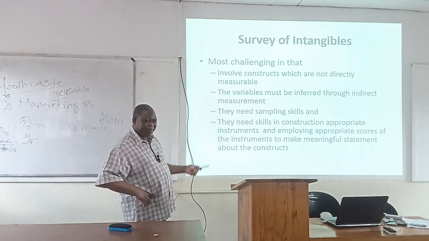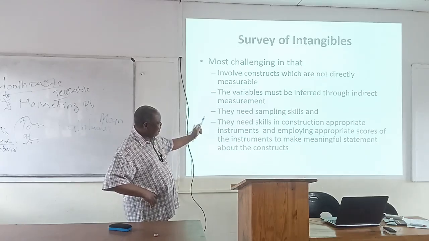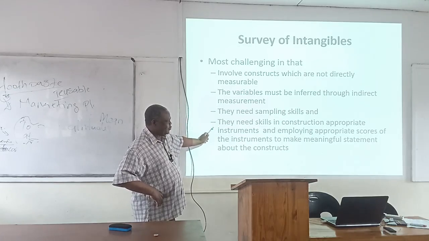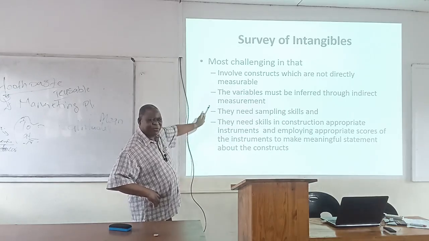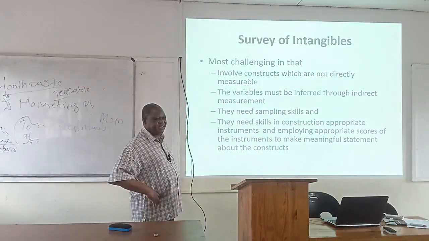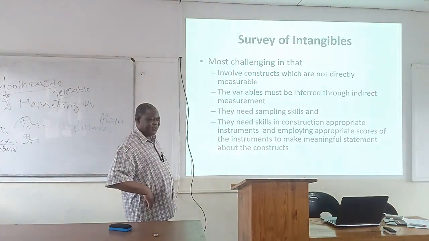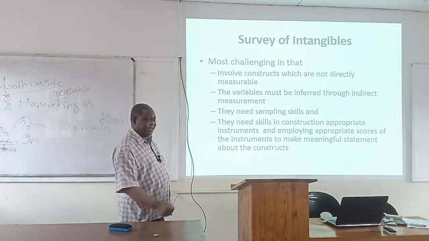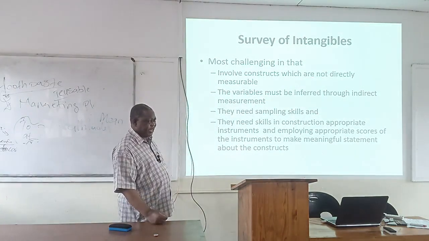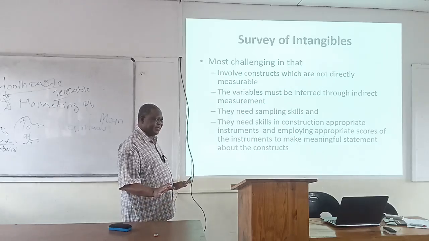So we talked about reliability. When we're talking about measurement instruments, the issue of reliability becomes very important with these types of variables, which cannot be directly measured or assessed. Making sense?